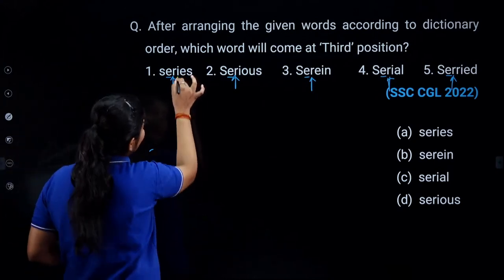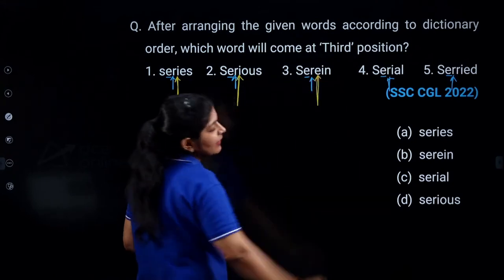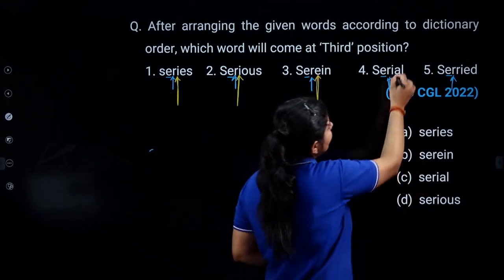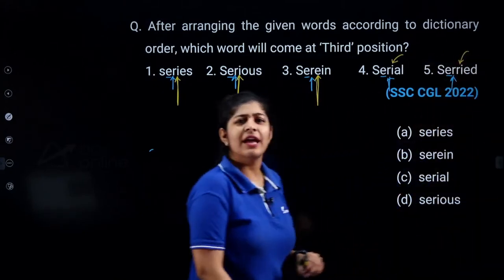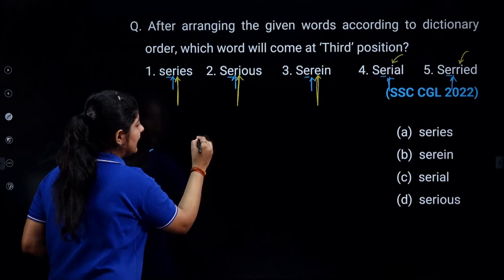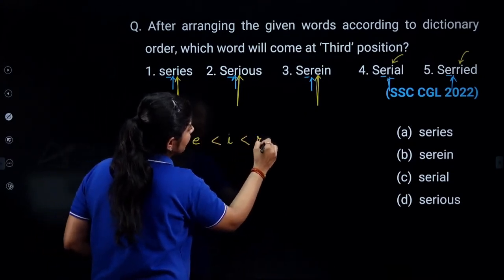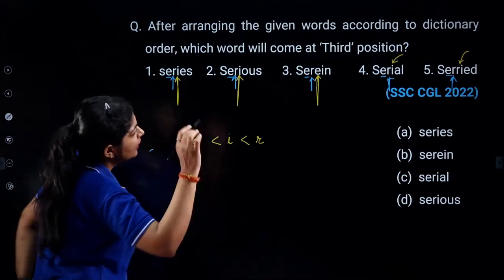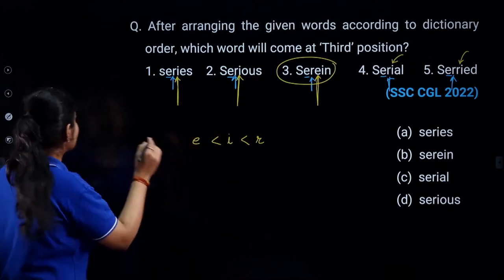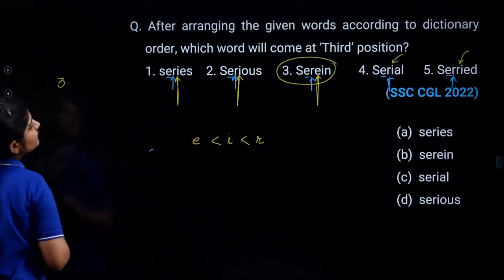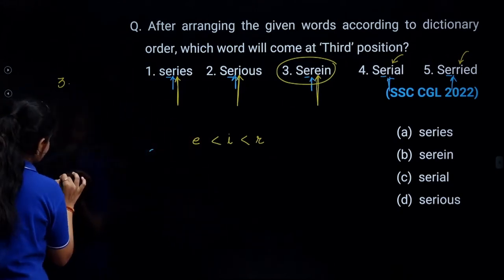Here I have I, here again I, here E, here again I, and here R. I know the alphabet: E comes first, then I, and after that R. So I can say that this third word will come at the first position, and this fifth one will come at the last position.